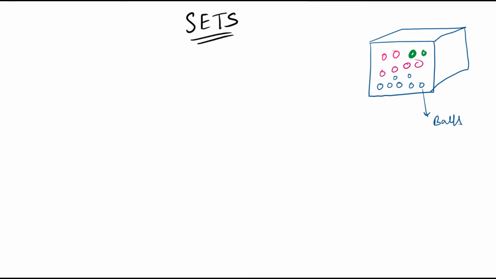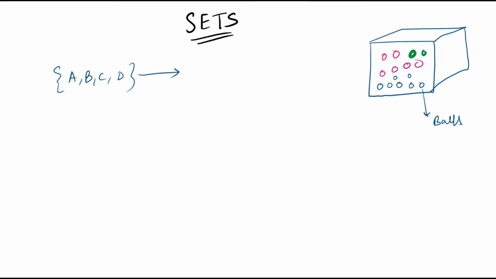It may not be a physical collection, it could be words. So let's say I have a set called A, B, C, D. Then we can say A, B, C, D are the elements of this set of alphabets.